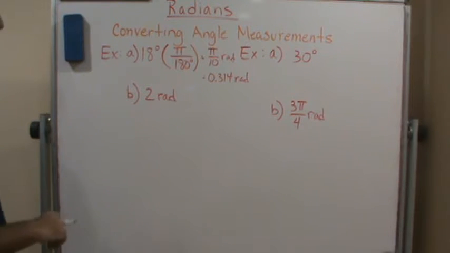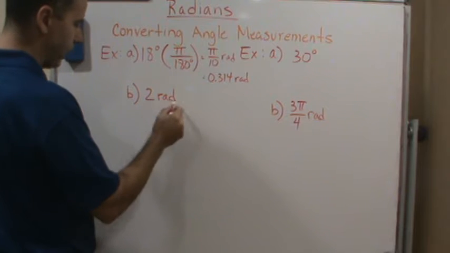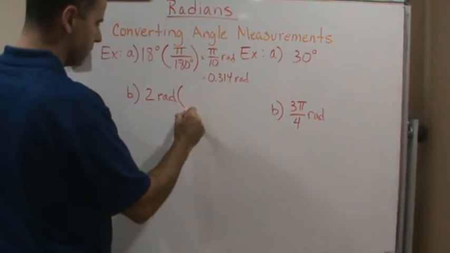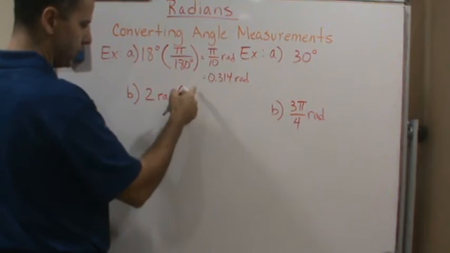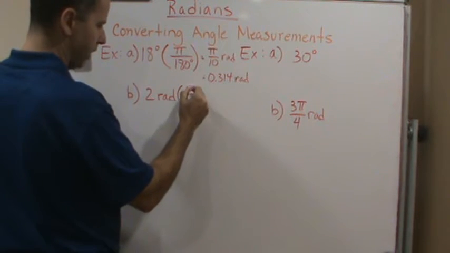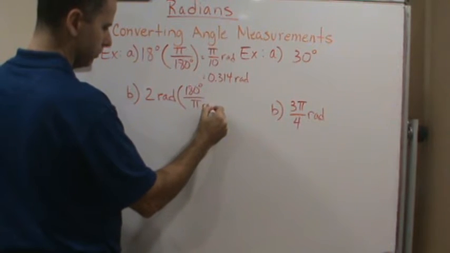Okay, now, what about radians? Now we want to change this one to degrees. So now we have radians on top, so we want to multiply by the ratio that has radians on the bottom. So this is going to be 180 degrees over pi radians.